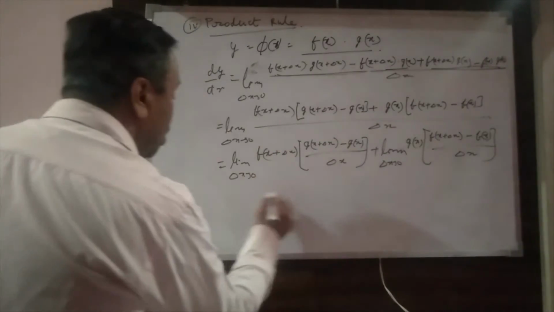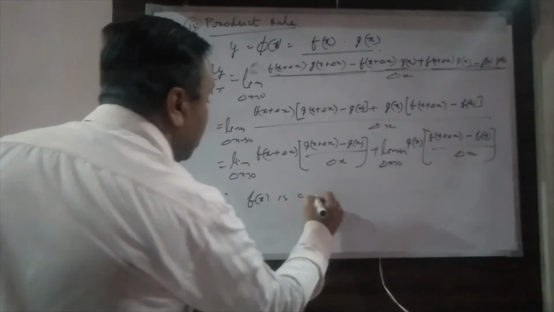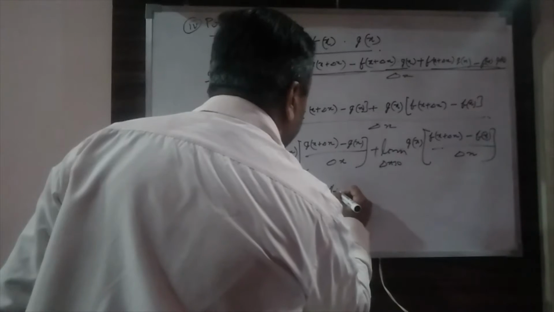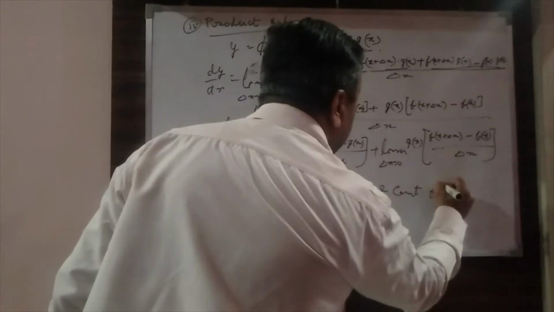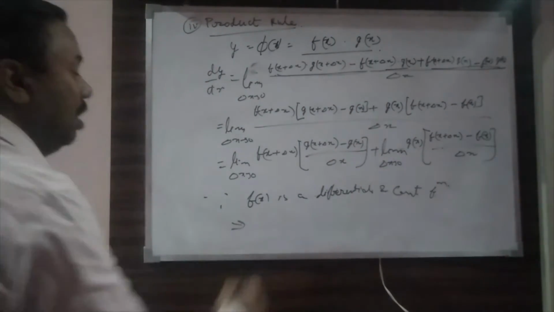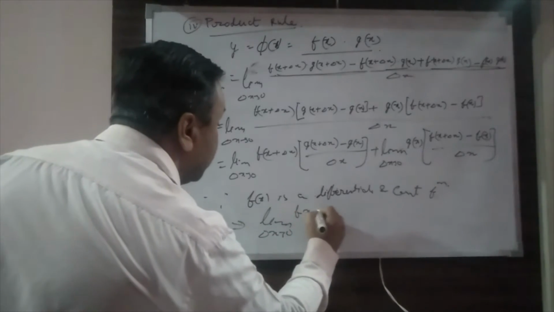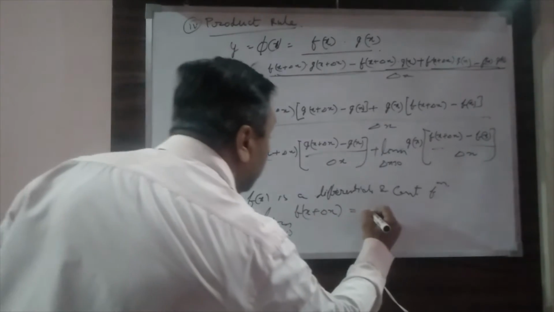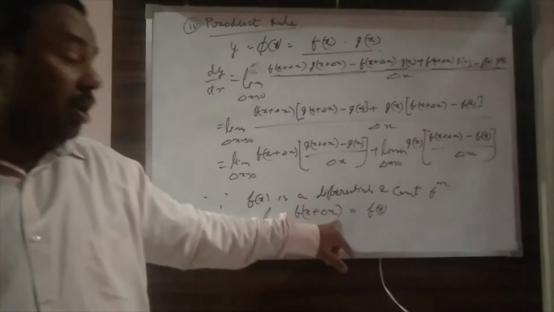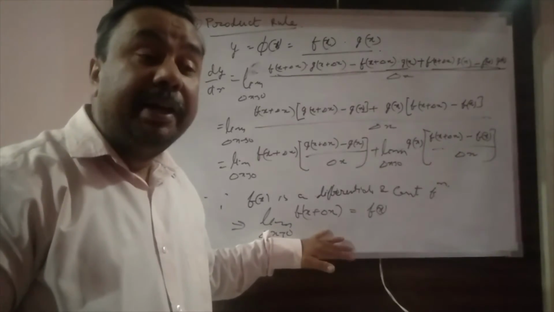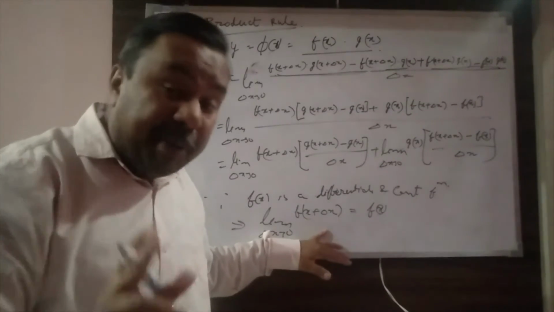So since f(x) is a differentiable and continuous function, that means limit Δx tending towards 0, f(x + Δx) will be equal to f(x), because we can take it to be 0 as there is no indeterminate form, as I explained in my first class of limits.